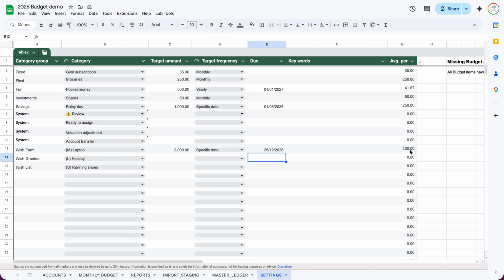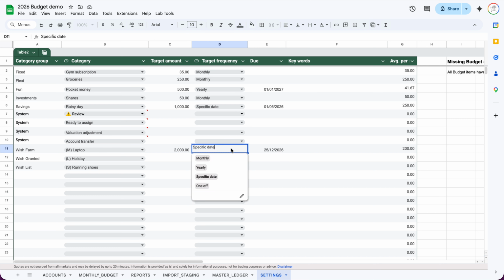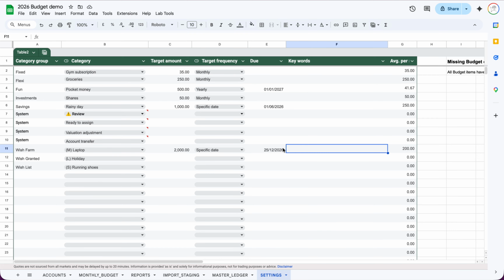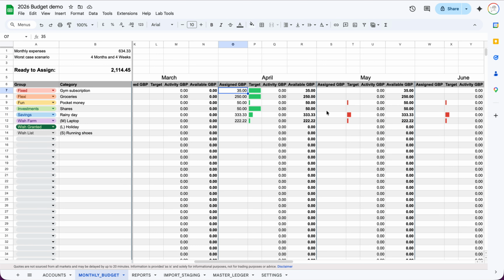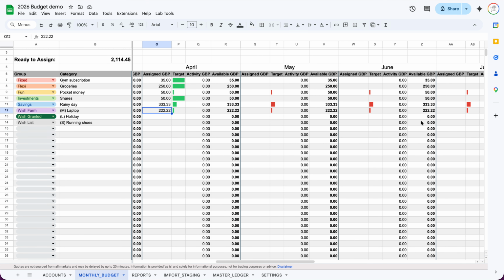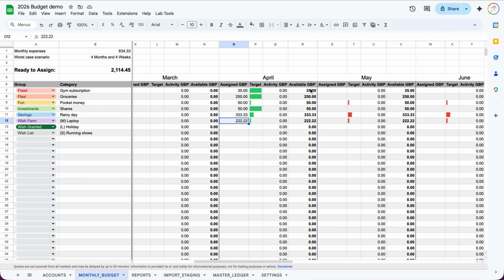I switched it around. That's just wrong because I went the other way. If I kept it as one-off, it would probably be alright. Oh, no, I think that is right. Never mind. So you can see how this is calculating when I need the money by, and how much I need to save within that month. And you can see how this is how much money I have in the envelope.